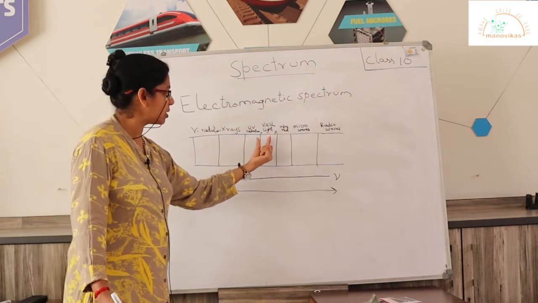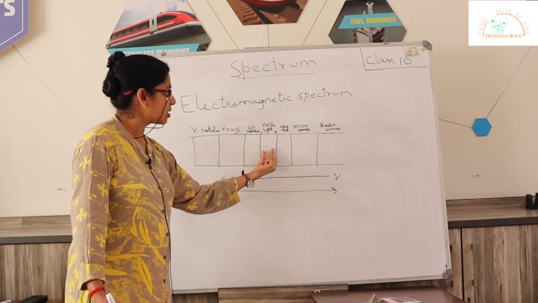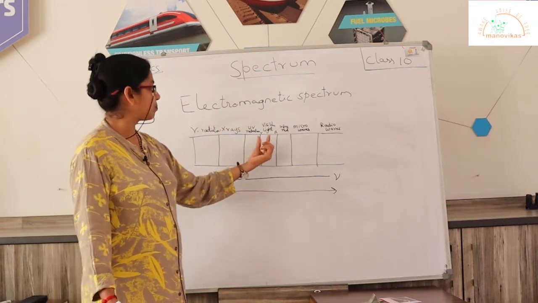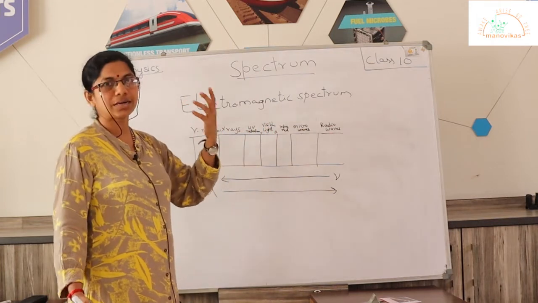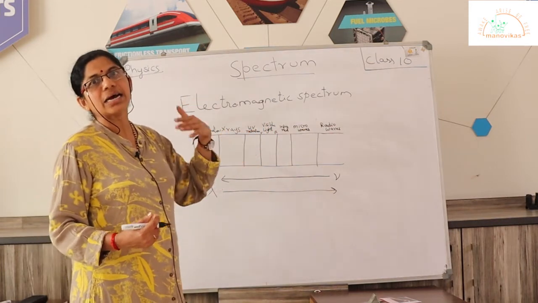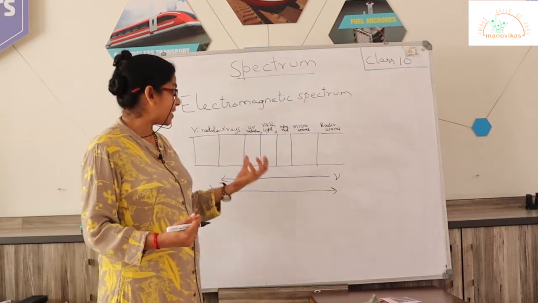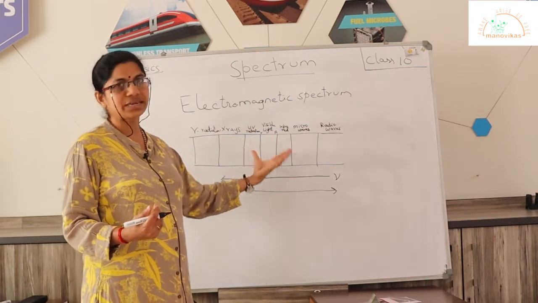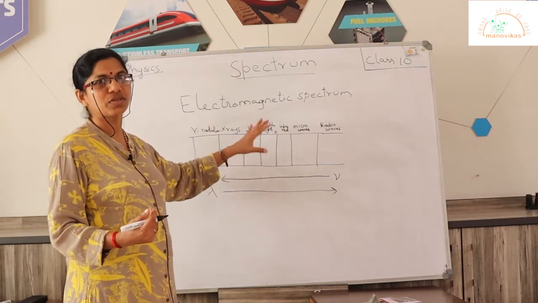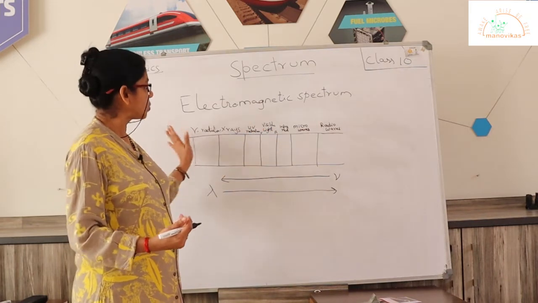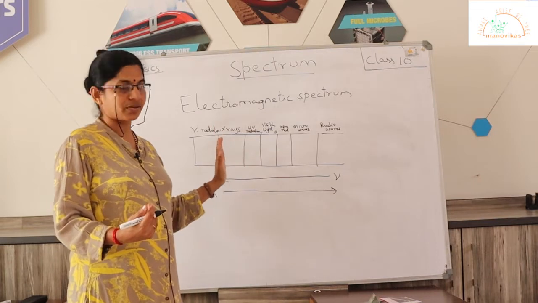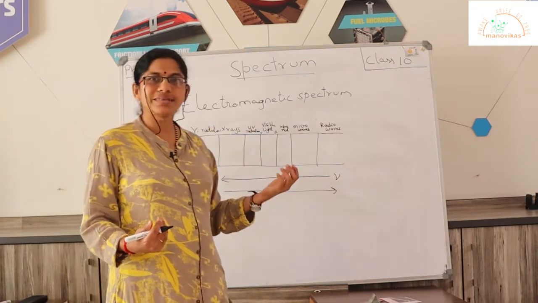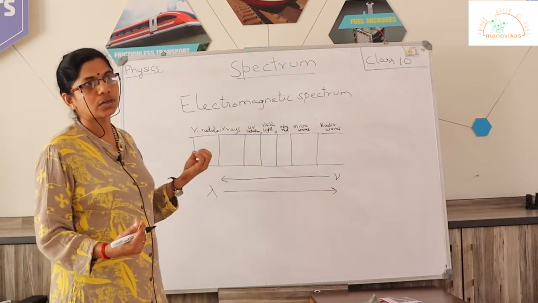They are not deflected by electric or magnetic fields. Okay, then they obey the laws of reflection and refraction. So these are some of the properties which are common to all these radiations. Okay, and then towards the end we are going to learn about spectrum.